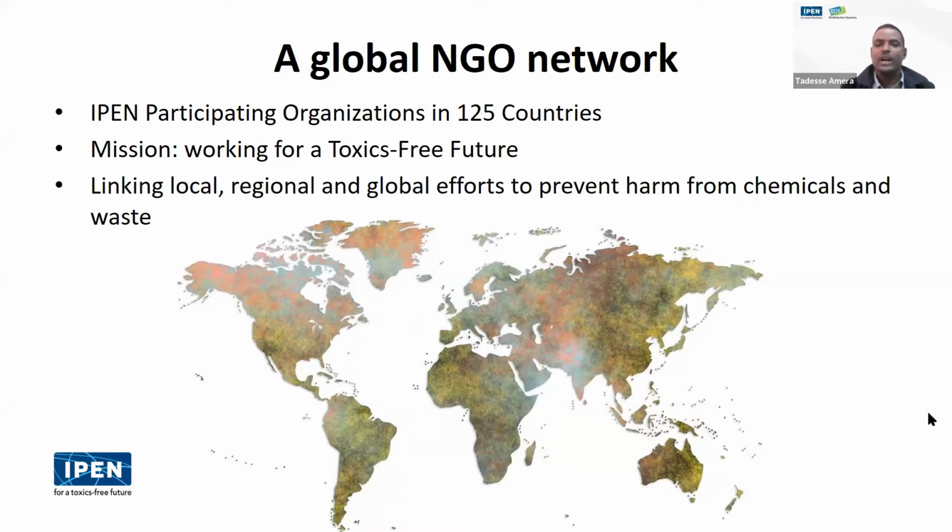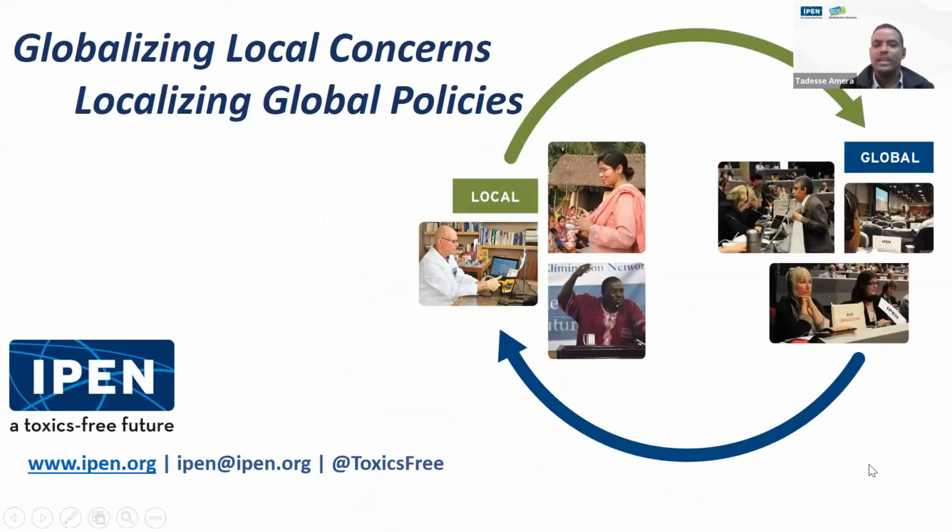We have linked local, regional, and global efforts to prevent harm from chemicals and waste. As you can see in the picture of the world, IPEN reaches all regions, and our approach is globalizing local concerns and localizing global policies.